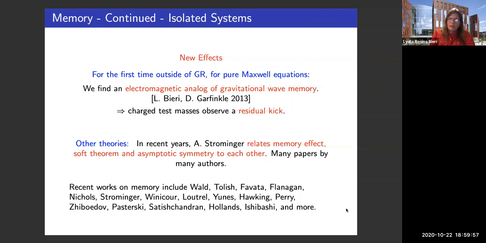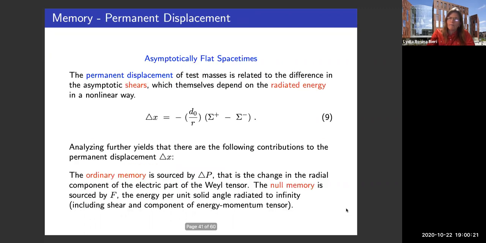For the first time, outside of GR, David Garfinkle and I found analogies in the pure Maxwell equations without gravity. There are two different types of memory there as well. Recently there has been a lot of search for memory analogs in other fields by Strominger and collaborators and many more people, but I'm not going to go into that now.